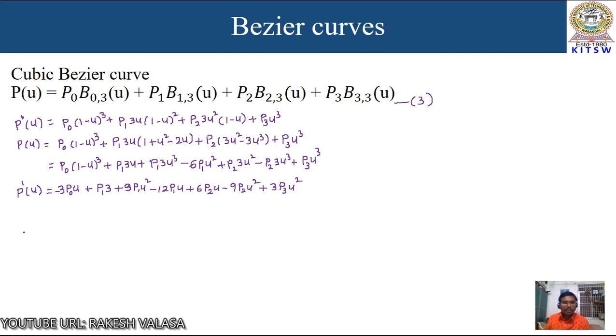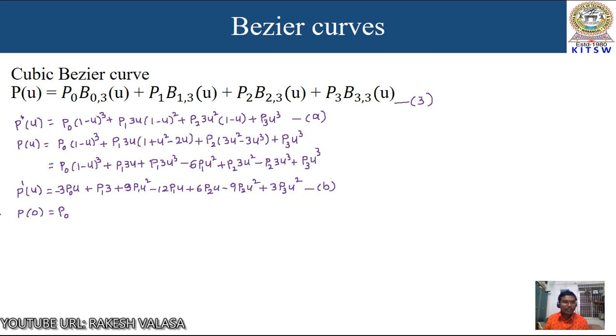The given Bezier curve starting limit is u equal to 0. Let us take p of 0 equal to, now substitute u equal 0 in this first equation, let us assume this is the a and this is the b. Now substitute u equals 0 in this equation a, 1 minus 0, so p naught, remaining all terms are 0 because the multiplication factor is there, so you can multiply with 0, that value is 0, 3 into 0 is 0, 0 into something is 0, so p of 0 equal p naught.